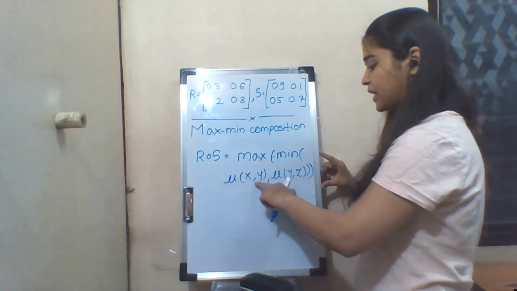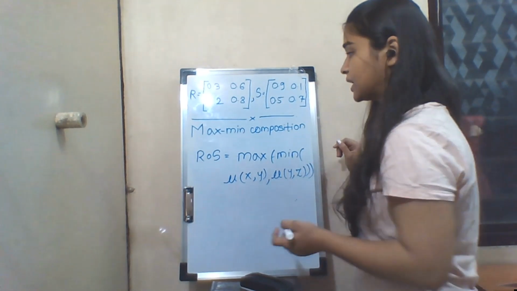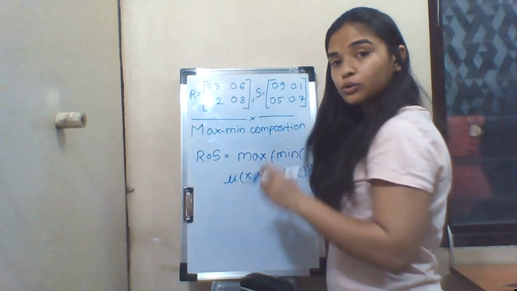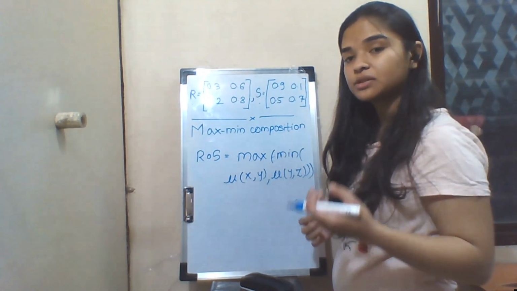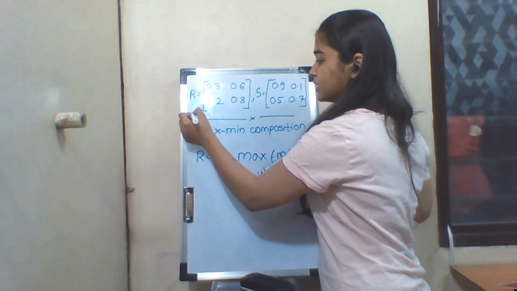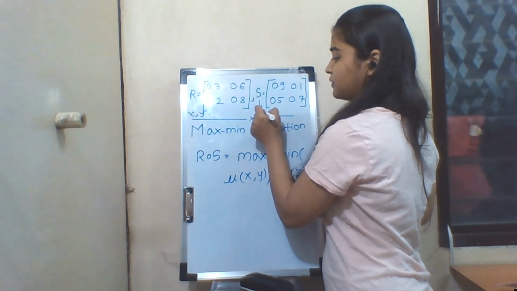So what is mu of xy and mu of yz? We already know that R and S are two compatible fuzzy relations on two different Cartesian spaces. R is on xy and S is on yz.